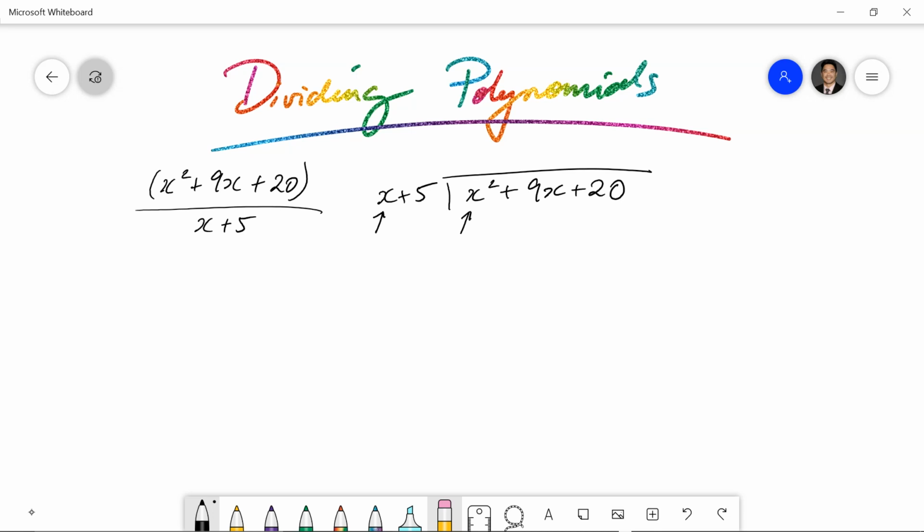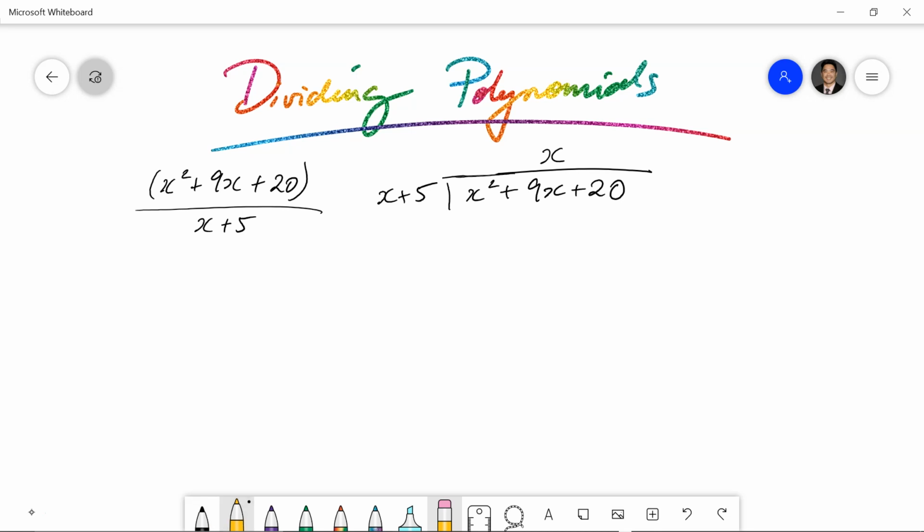So x squared divided by x is just x. Okay. And I prefer to put the x on the second term, and you'll start to see all of this come into play when we do a few more examples. So the other way of looking at it is saying, well, x times what gives you x squared? Well, it's just x. Or you could say x squared divided by x is x.